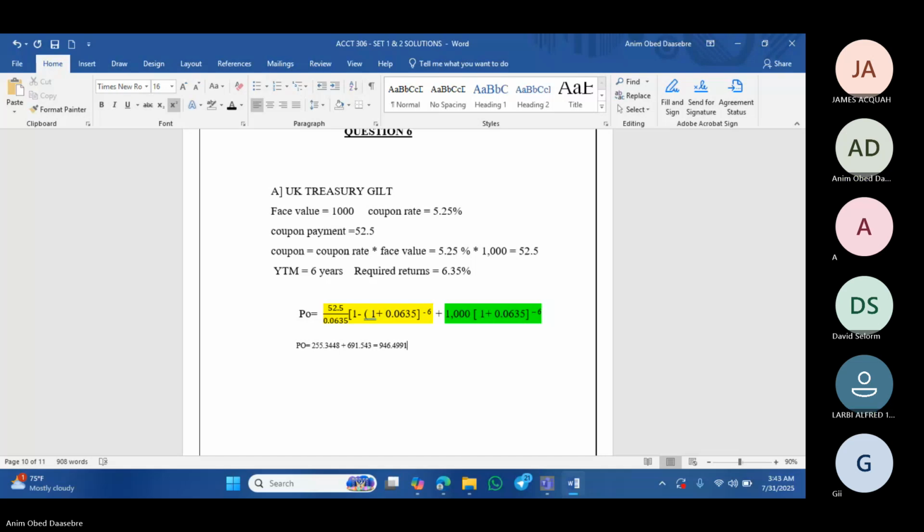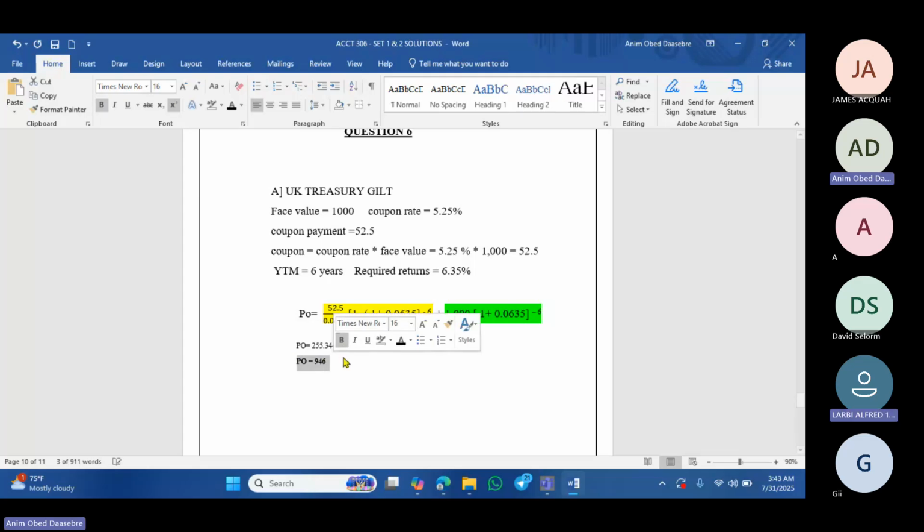Yes, please. Okay. So you can equally round it to the nearest whole number, so 946, since it's normal that you should round to the nearest whole number.